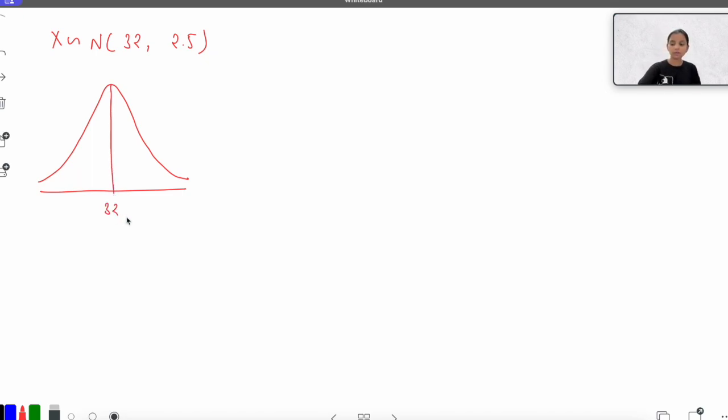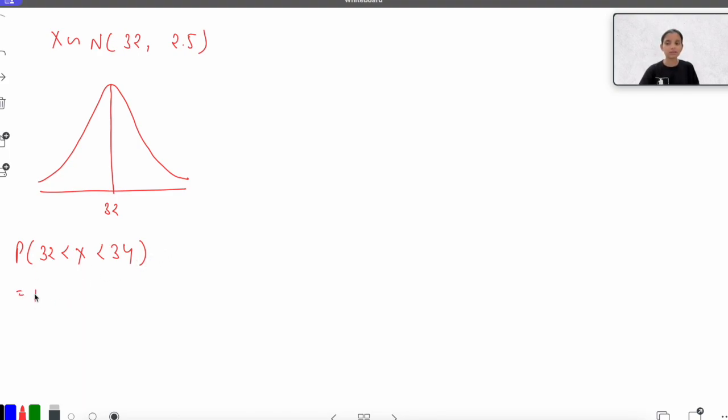We have done questions like this in statistical inference in large sample theory: what is the probability of x lying between 32 and 34?